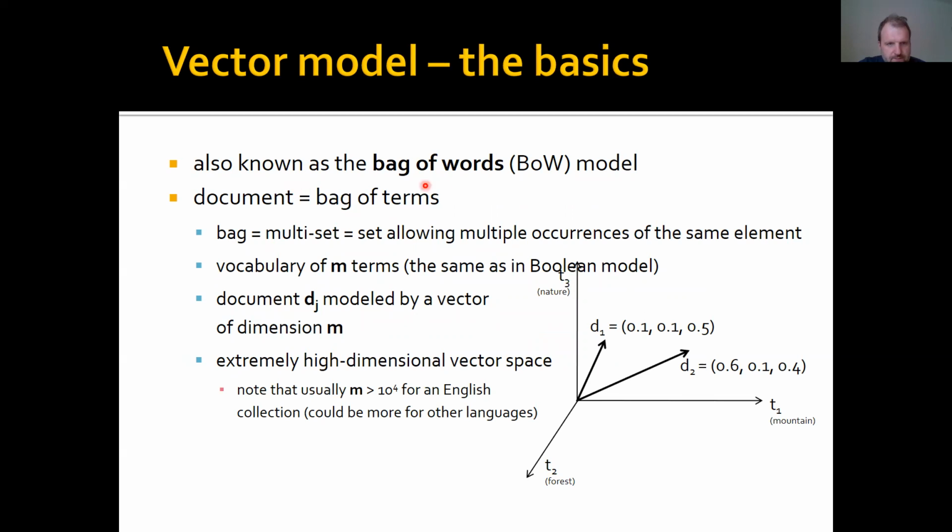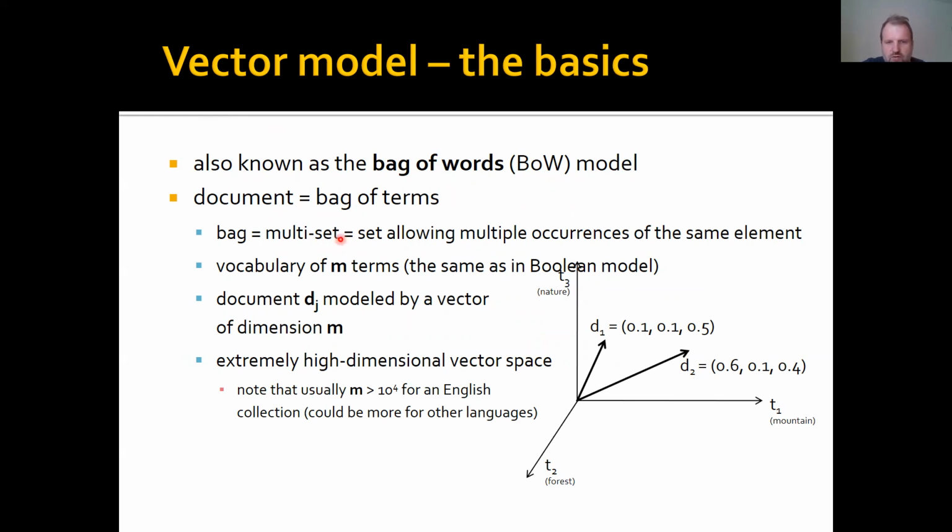Okay, so vector model, also known from other domains as the bag of words or bag of features model, is named like that because bag is an informal name for multiset. So multiset is a set that allows multiple occurrences of the same element.